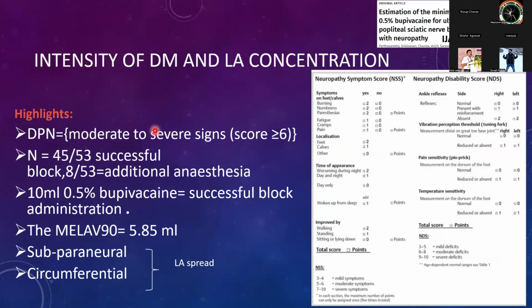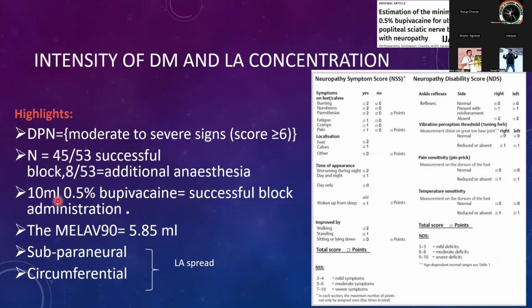This is a study which came in IJA, to estimate the minimum effective volume of 0.5% bupivacaine in popliteal sciatic block in diabetic patients. They had a sample size of 53 patients, and they graded the patients according to a neuropathic symptom score. 45 patients had a successful block and 8 patients required additional anesthesia.